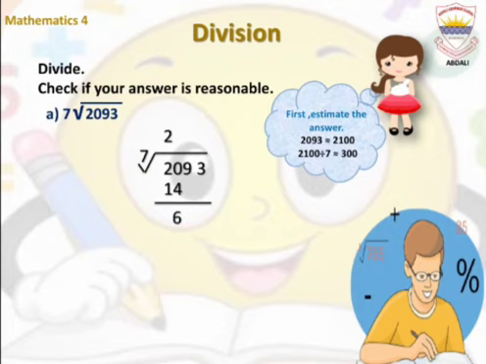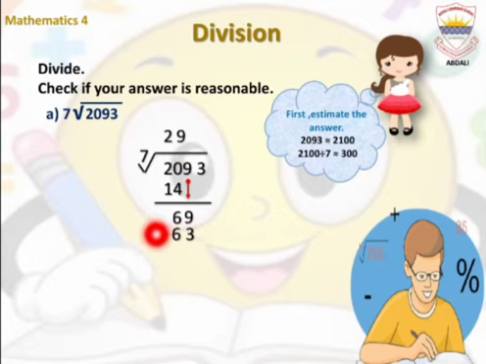Now student, we write 9 with 6. It's 96. Now we divide 96 by 7. 7 nines are 63.